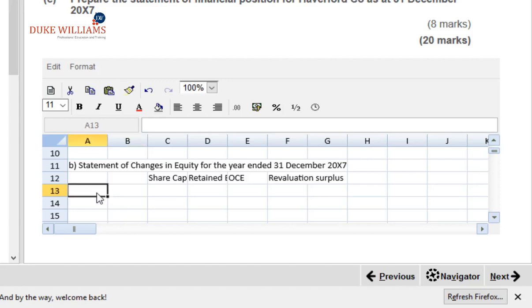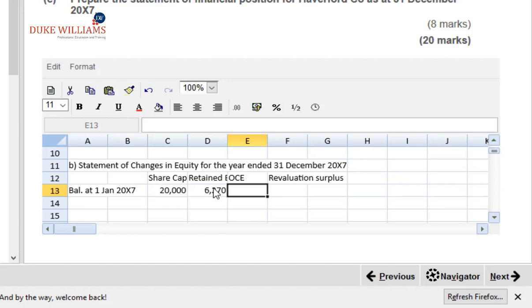So what I'll do is to bring the opening balances as I see them on the trial balance. So I have balance at 1st January 20X7. For share capital, the amount is 20,000. Retained earnings is 6,270.